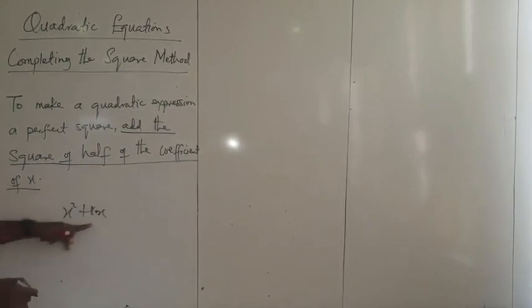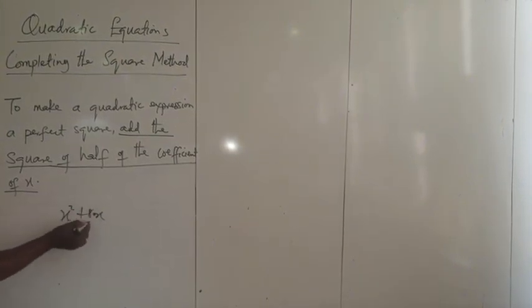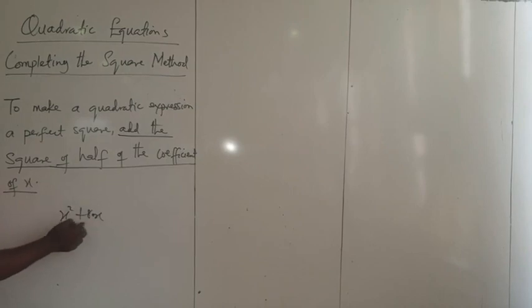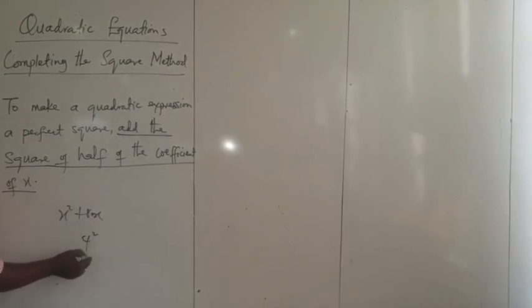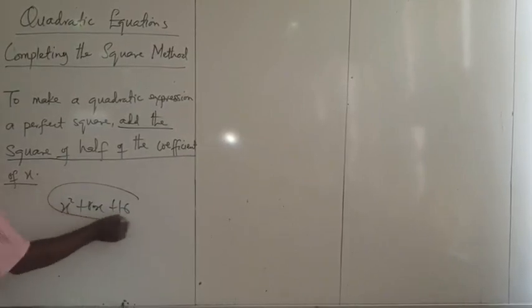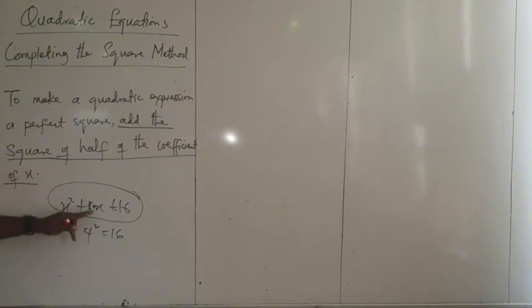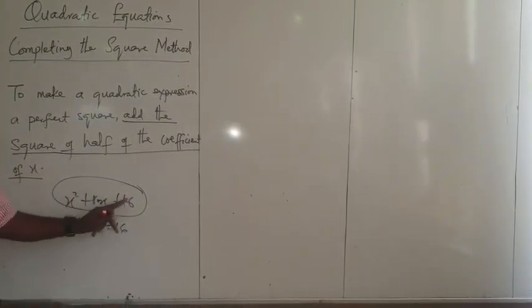To make this expression a perfect square, you find half of 8, which is 4, then we square it, which gives us 16. So we add it to the expression. By adding this 16, the expression x squared plus 8x has turned into a perfect square.